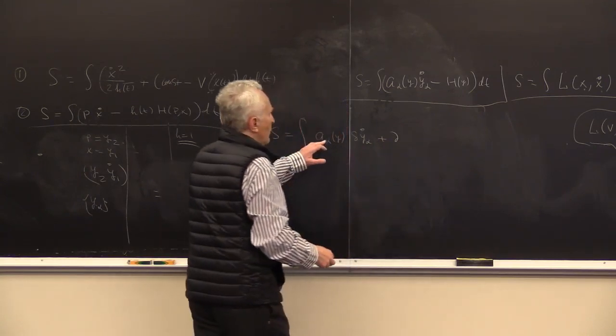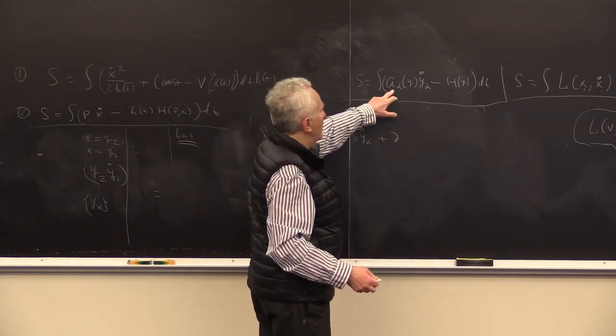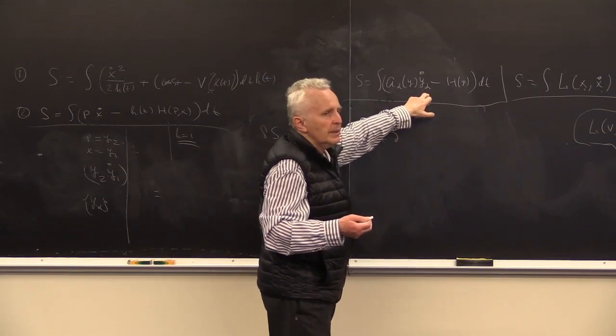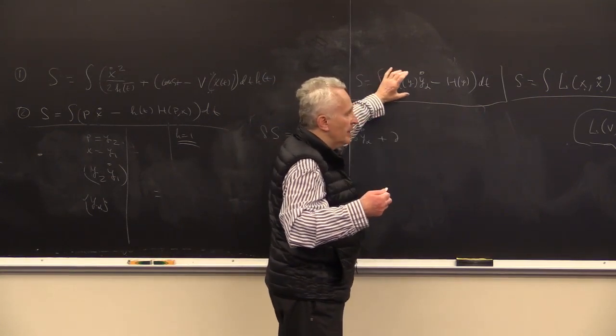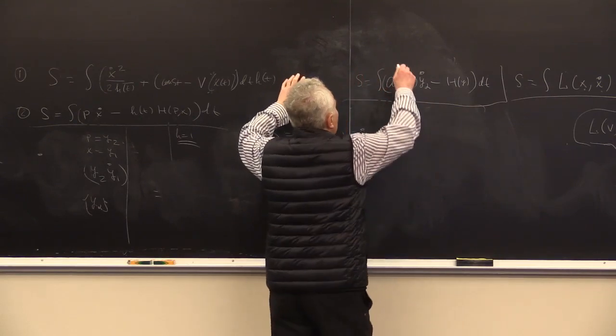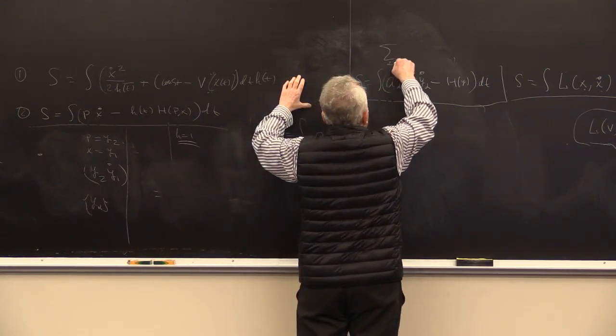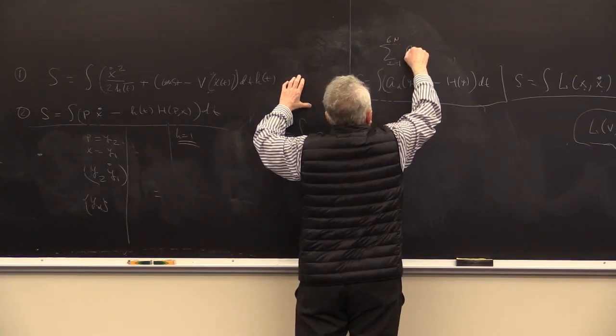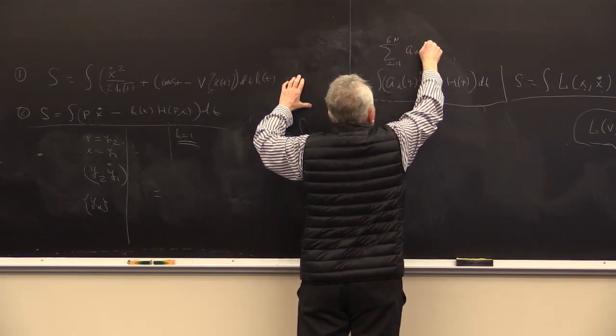By the way, I forgot to remind you, or I mentioned it before, that when you have repeated indices, the summation over indices is understood. So it is in fact the sum over alpha from 1 to 6n of a alpha y alpha dot.